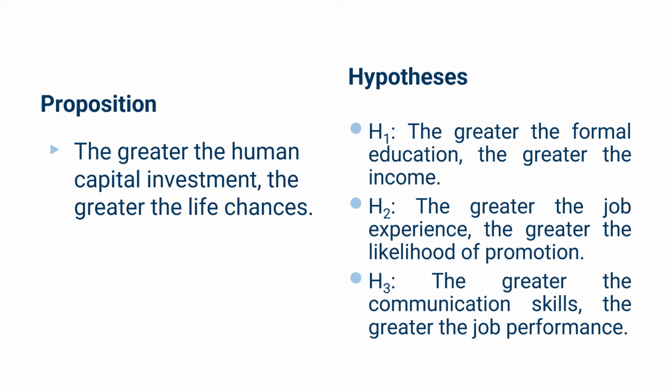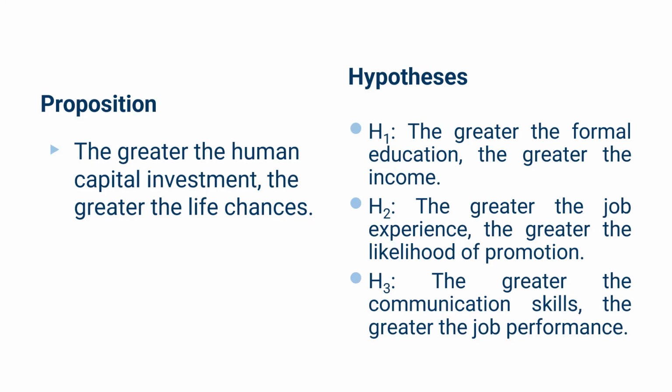When we say the greater the formal education, here it represents human capital investment. The greater the income here represents life chances. In hypothesis 2, job experience represents human capital investment, and promotion represents life chances.